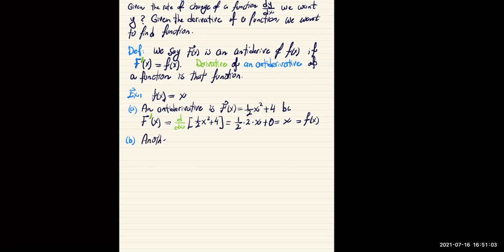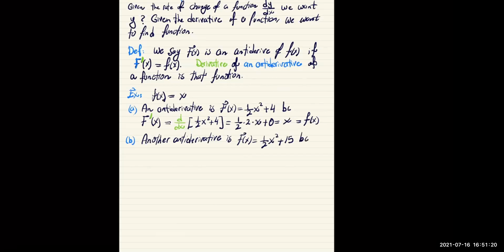Here is another antiderivative: capital F equal to half x squared plus, let's say, 15.